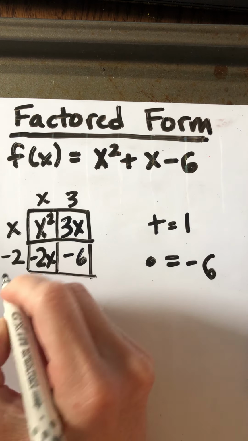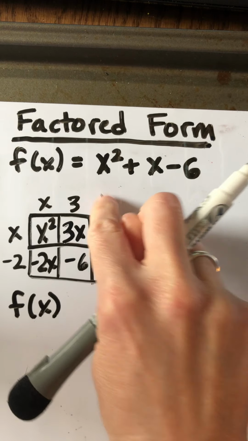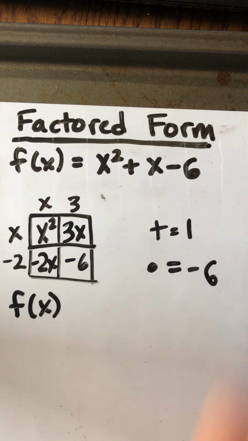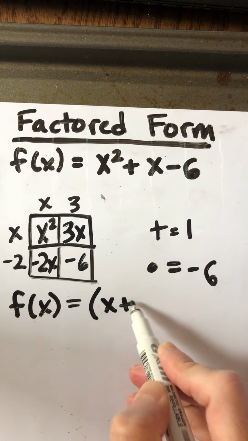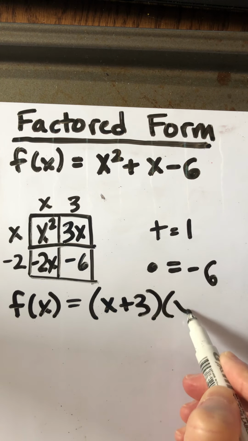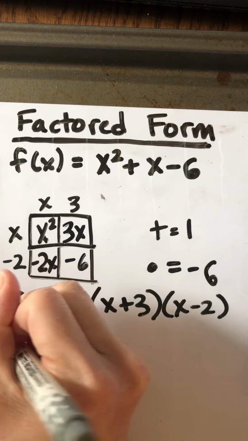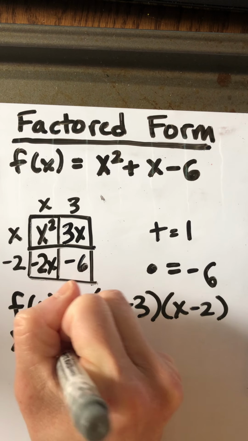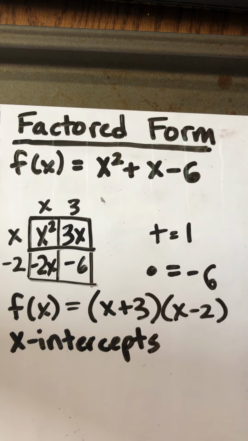Once I do that, I realize that this parabola, f of x equals x squared plus 1x minus 6, can also be rewritten in factored form as x plus 3 times x minus 2. Now, the reason why factored form is helpful to us is it gives us an opportunity to find the x-intercepts of the graph.